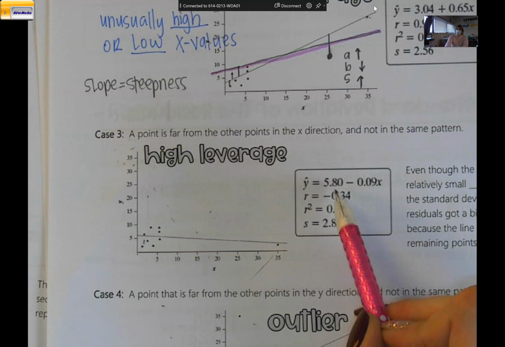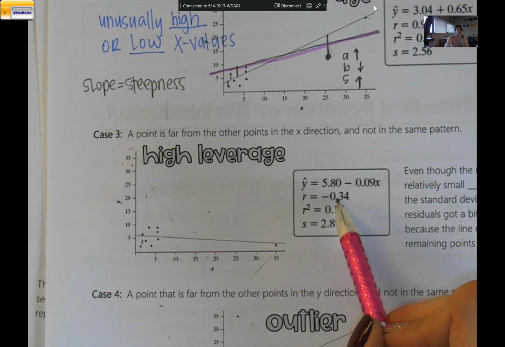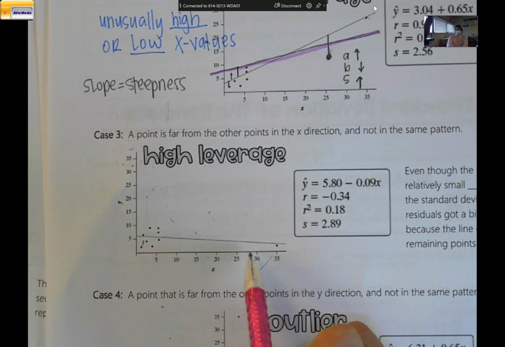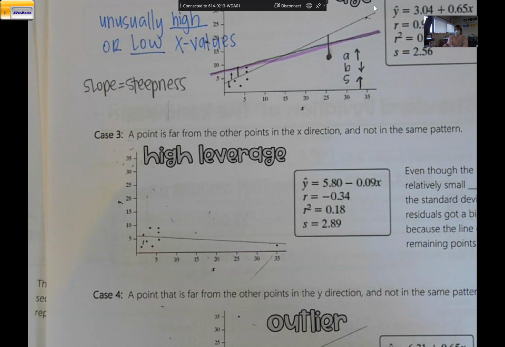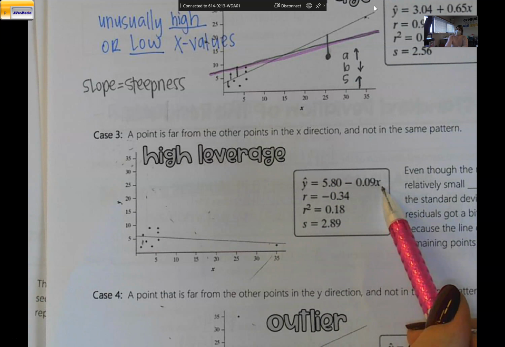Your correlation has gone from positive to negative, and it's even weaker than before because this line is not a good fit. Without that line, you would have a positive relationship. Y-intercept is much bigger. Slope is way less steep and now negative.